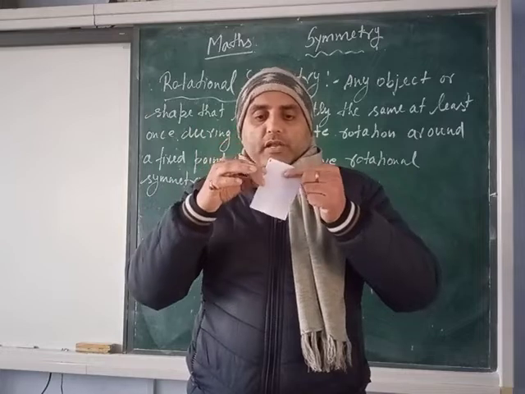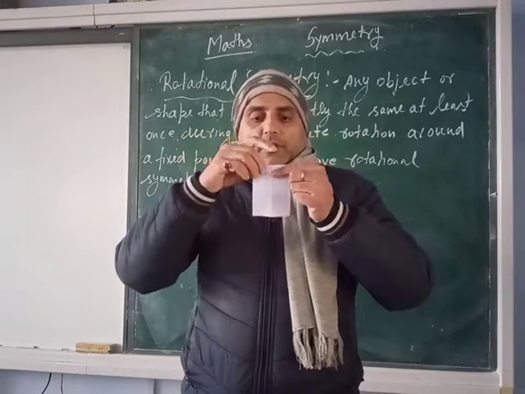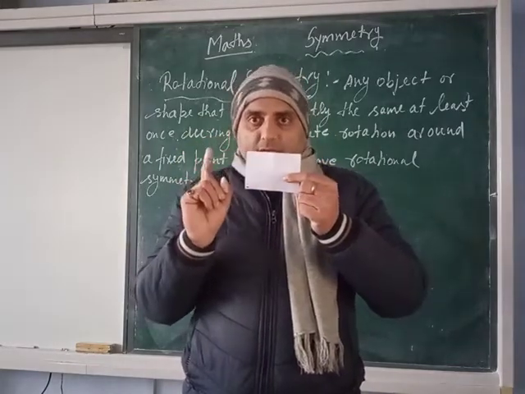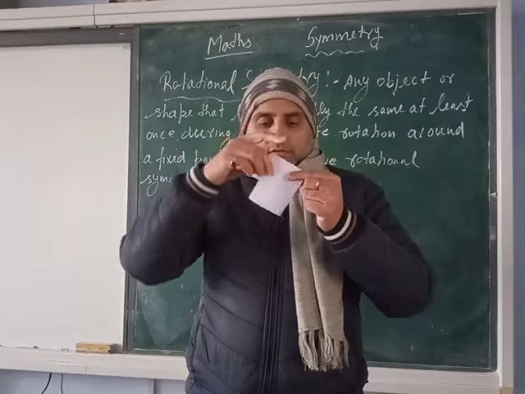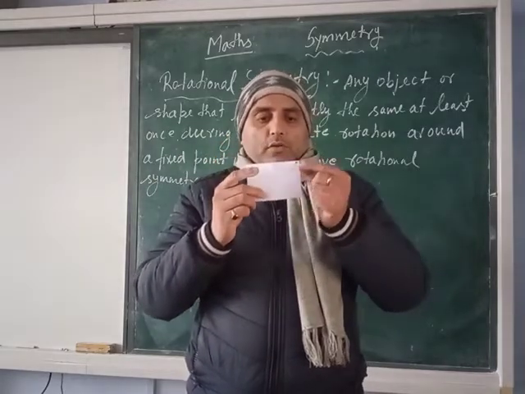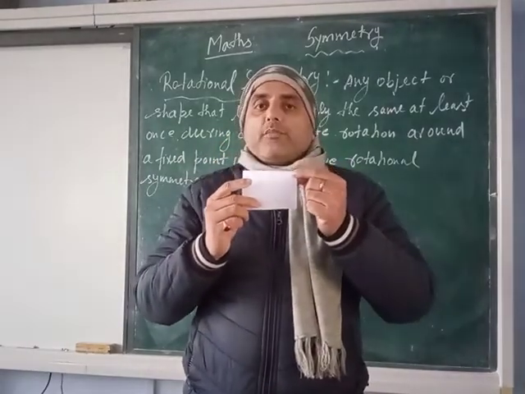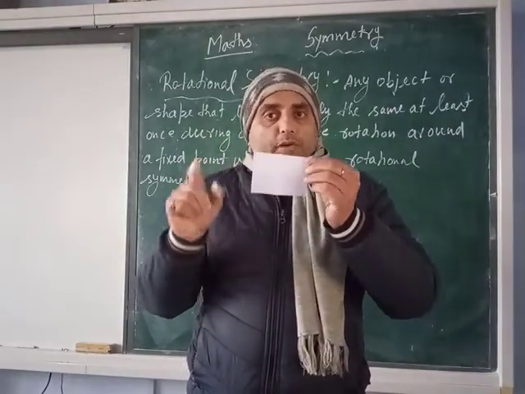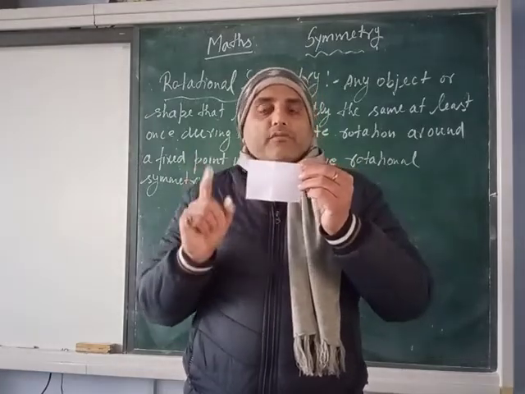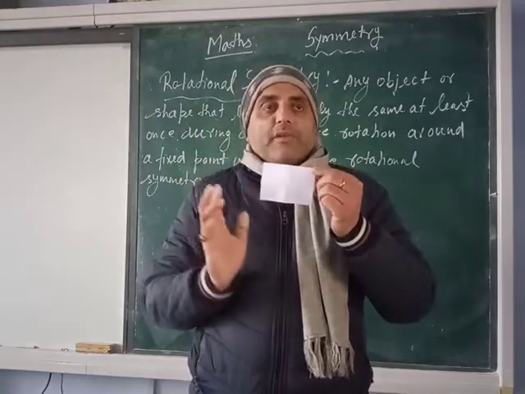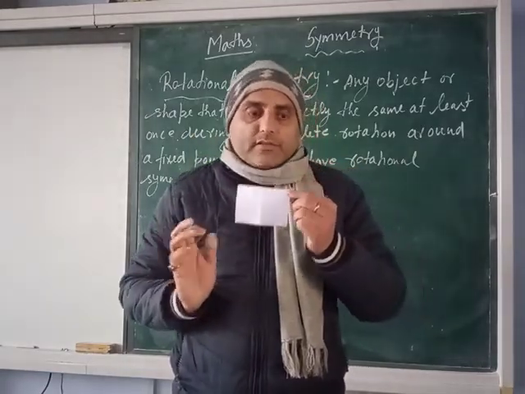So one time rotation we will not see. Now again we find one time now, the same point is on the same location. So after one complete rotation, we will get the same figure two times. Is it clear?